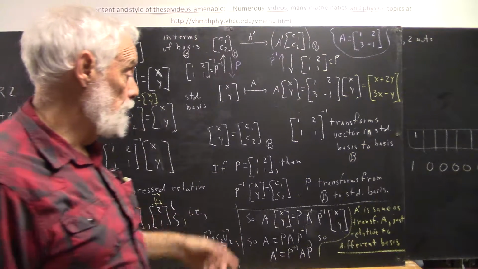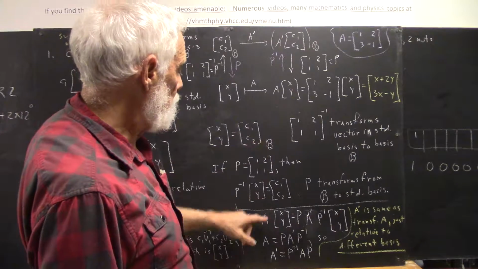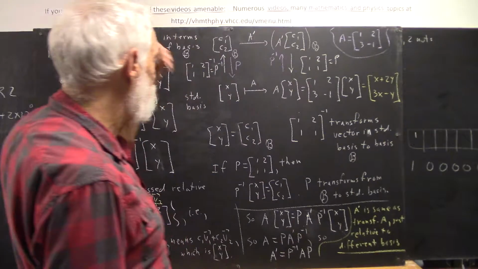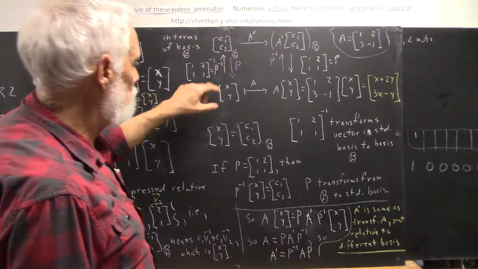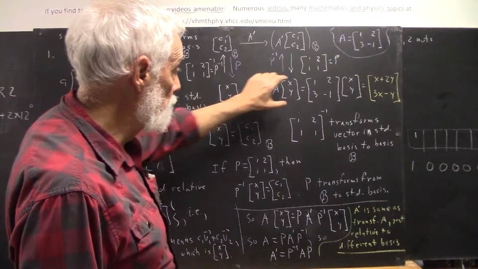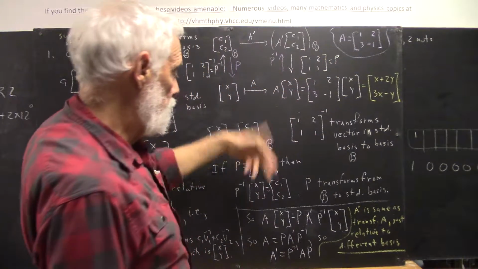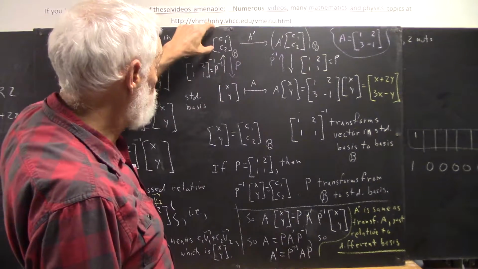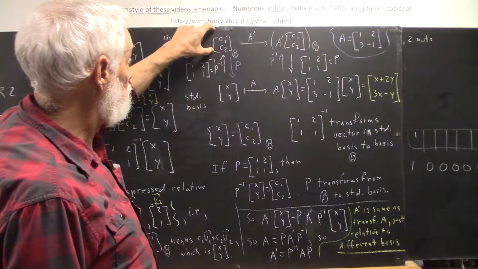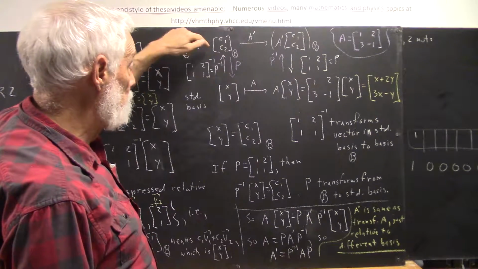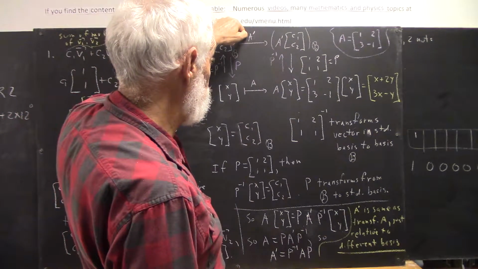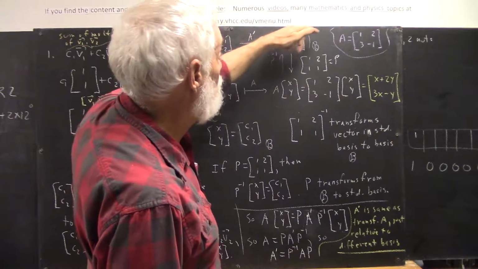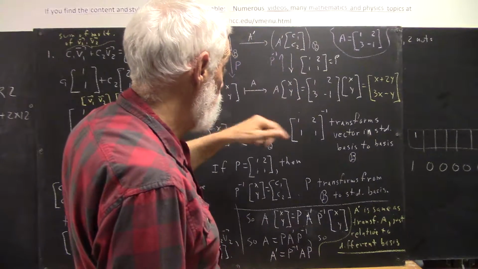So, what do we end up with? The matrix A multiplied by xy is equal to what? Well, if we start with the vector xy and go directly across here, of course, we get A times xy. Another path is we start with a vector here, we transform it up to the B basis, then we apply the A prime transformation, and we get the transformed vector according to this basis, and then we transform back to the standard basis.